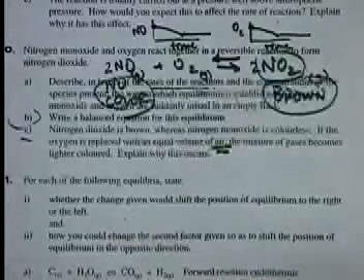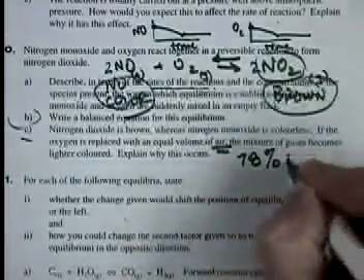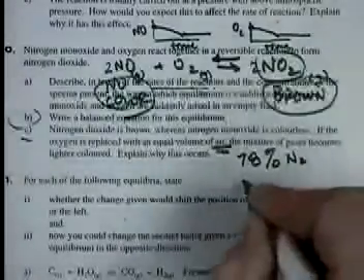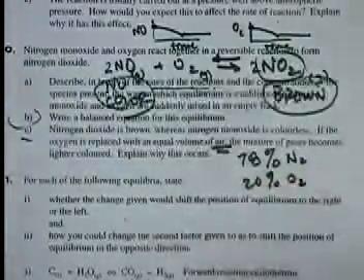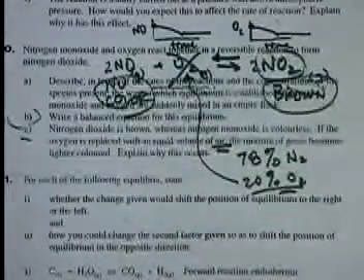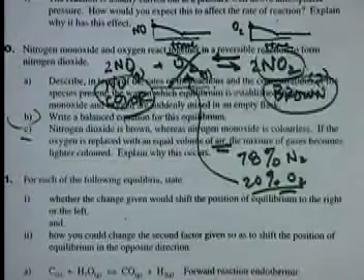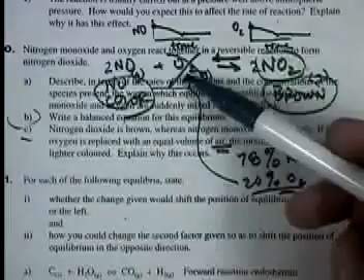What's air made out of? Well, air is about 78% nitrogen and about 20% oxygen, right? So in effect, what have we done? We've taken the oxygen away and replaced it with something that's the same volume, but now it's only 20% oxygen. Well, we've decreased the amount of oxygen in the system.